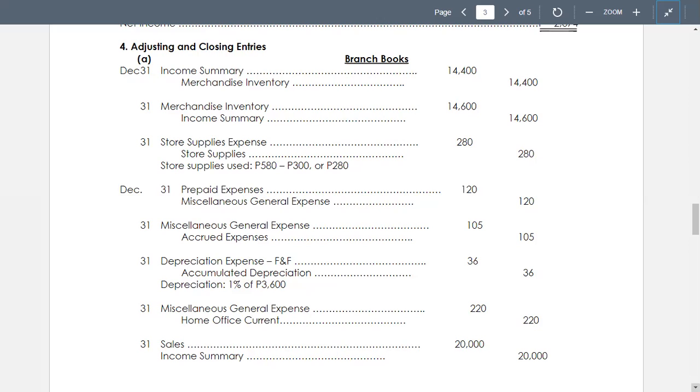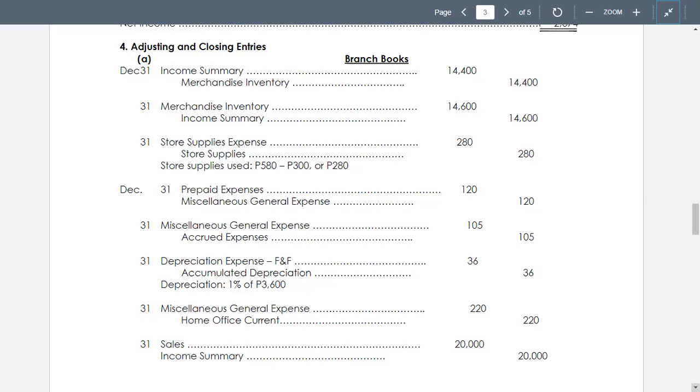Then the next entry now is to debit miscellaneous general expense of 220 and credit home office current. Now, because the home office had charged the branch with these taxes and insurance for 220.